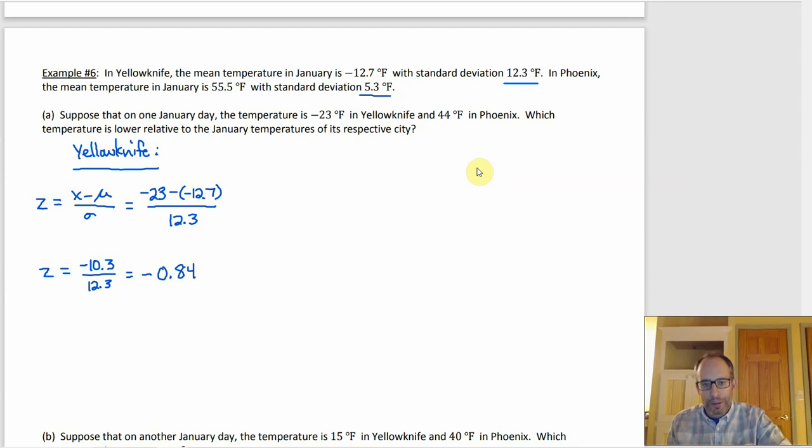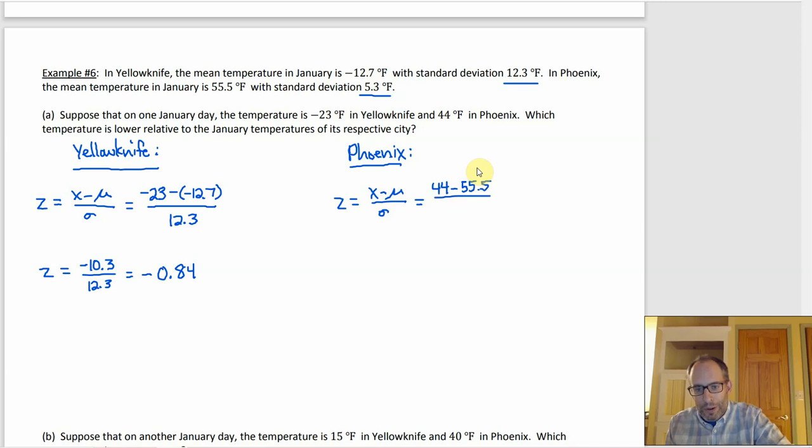All right, and then what about Phoenix? We get the z-score for a 44 degree day in Phoenix in January. So that'll be x minus mu over sigma again. And that's going to be 44 minus, let's see, 55.5 over 5.3, right?